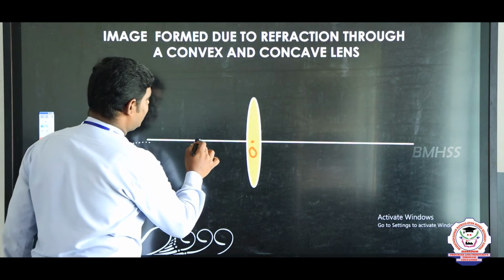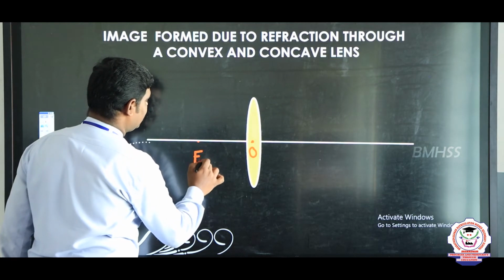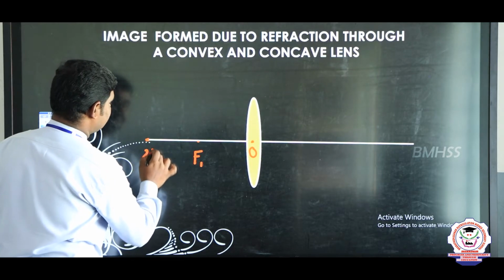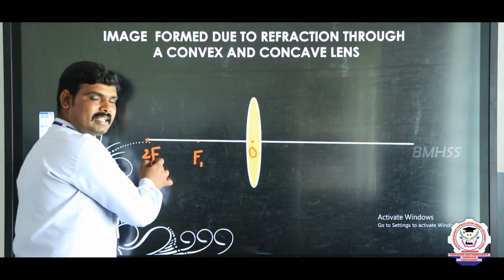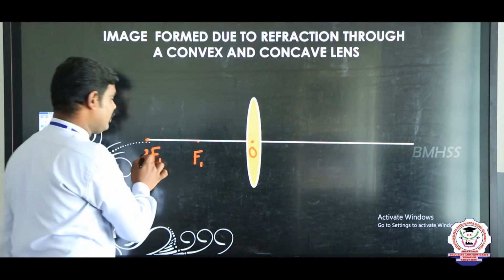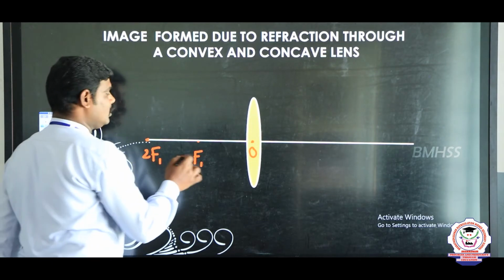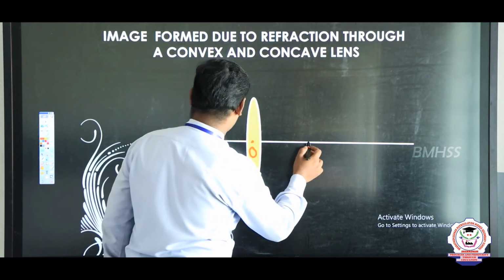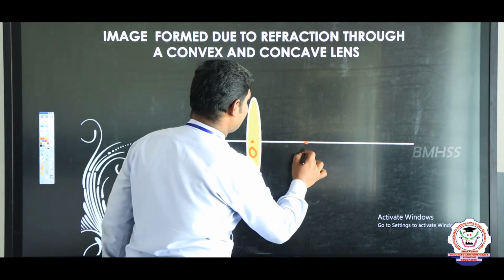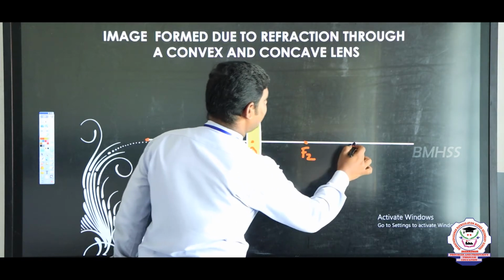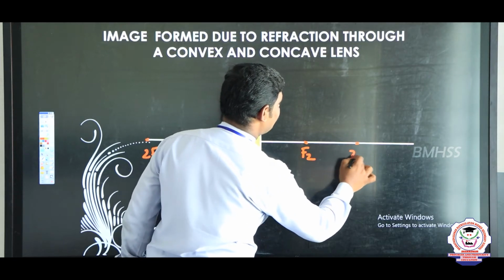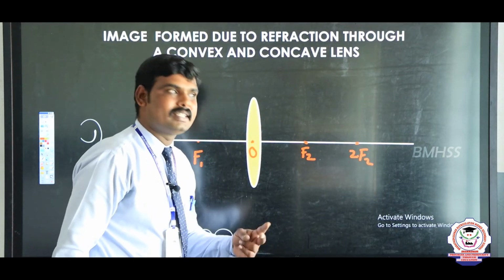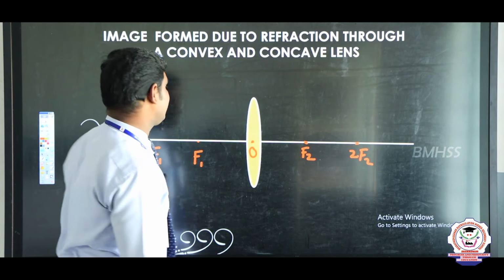This is the first focal point F1, and this is the second focal point. This 2F1 is nothing but the center of curvature, 2F1 is equal to C. On the left hand side we have focal point F1, on the right hand side we have focal point F2, and here 2F2. For a lens we have two focal points and two centers of curvature.